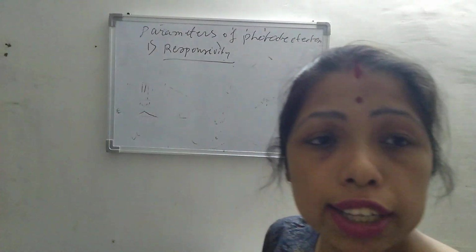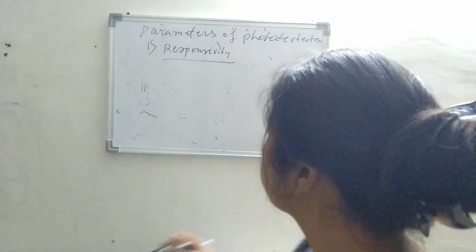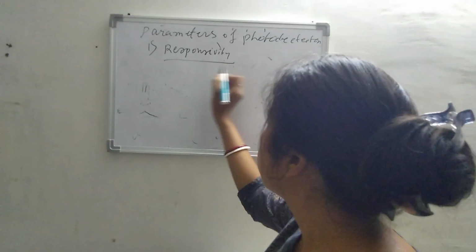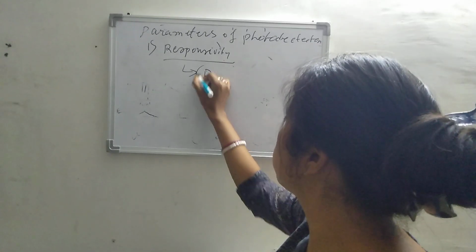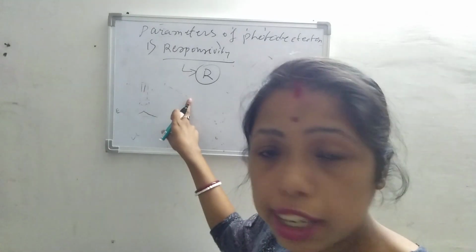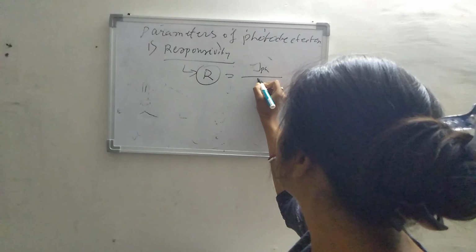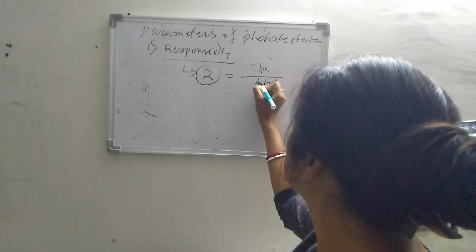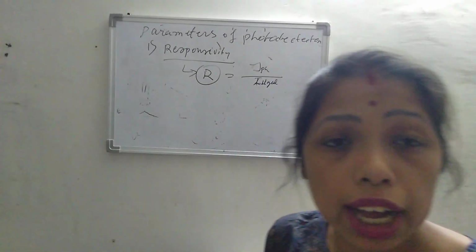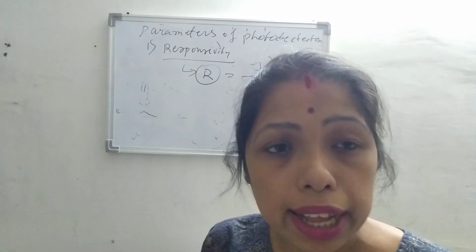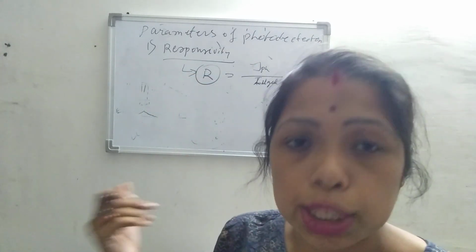You have to calculate the responsivity if you want to know the performance of the photodetector. You can define it as R, where R is equal to J_PH by I_light. What is J_PH? The ratio between the produced photocurrent density and the incident optical power density. That is the definition of the responsivity.